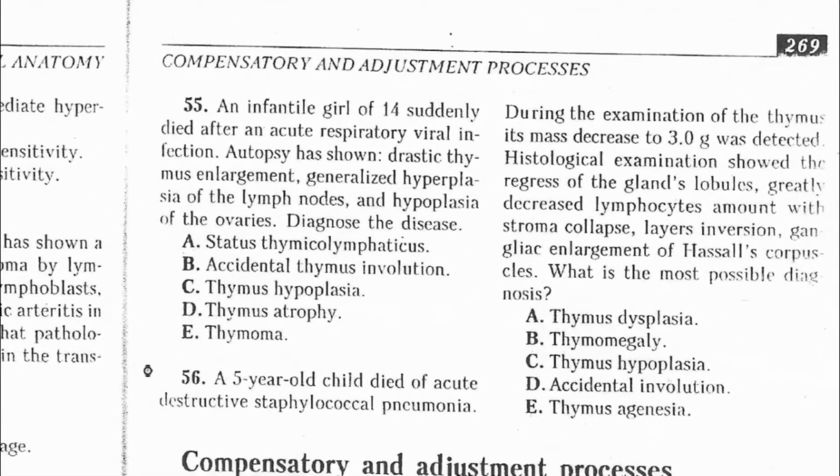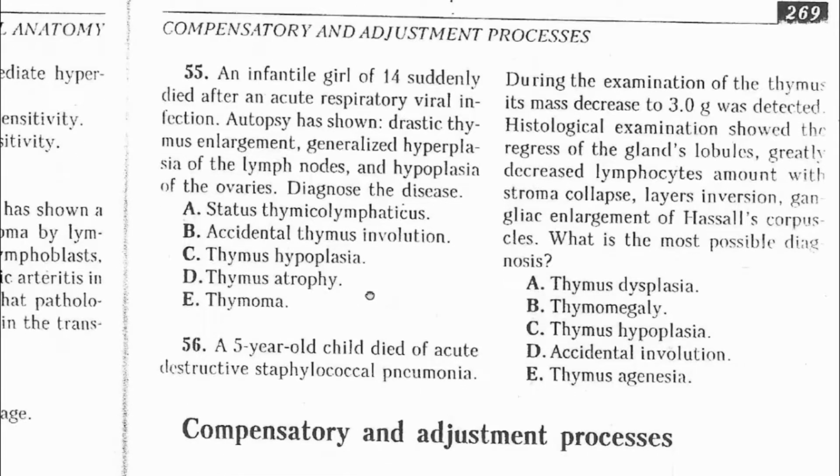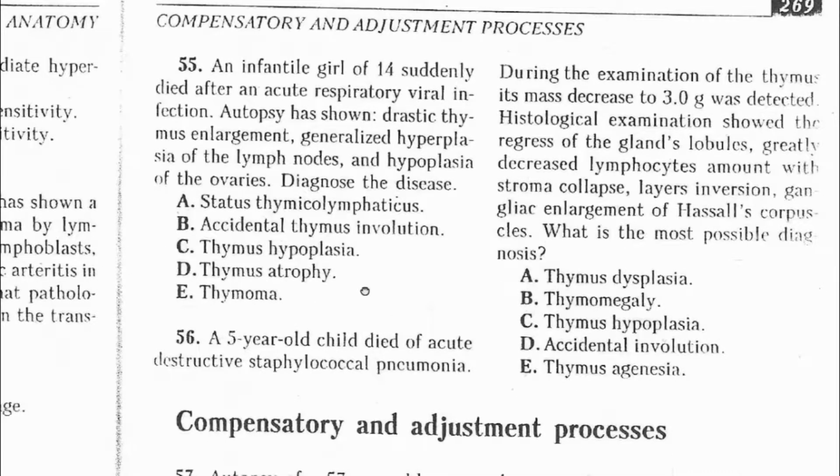All right. So 55. An infantile child of 14 suddenly died after acute respiratory viral infection. Autopsy has shown drastic thymus enlargement, generalized hyperplasia of the lymph nodes, and hypoplasia of the ovaries. Diagnose the disease.